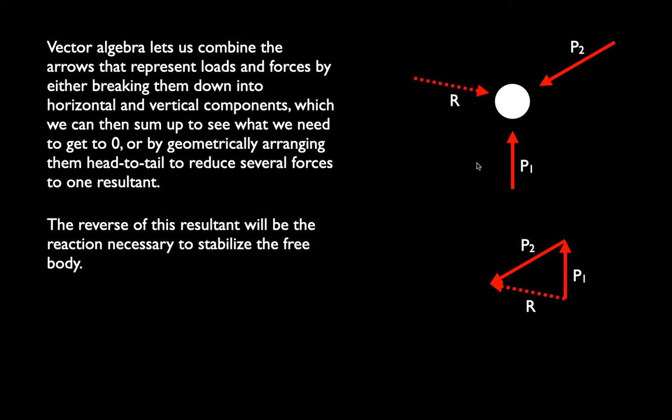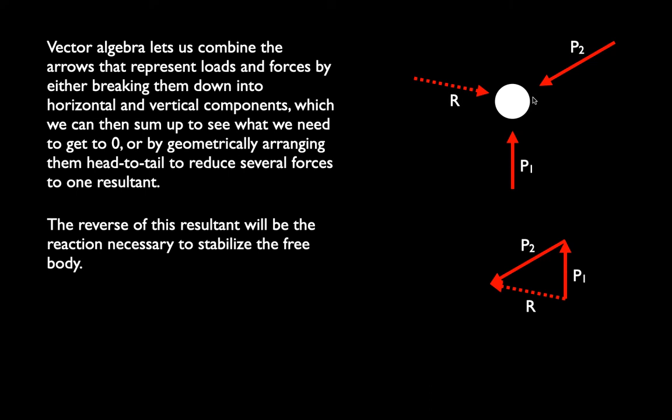So the resultant that we want is going to be equal and opposite to that. And here, this is the reaction that would be necessary to resist the combined loads of P1 and P2. And again, we can figure that out mathematically, add the vertical and horizontal components together, get an angle and a magnitude, or we can simply draw that in AutoCAD as the resultant of two accurately scaled arrows, flip it around, apply it to the free body, and know that that free body will now be in translational equilibrium.